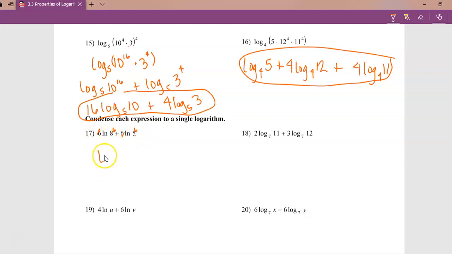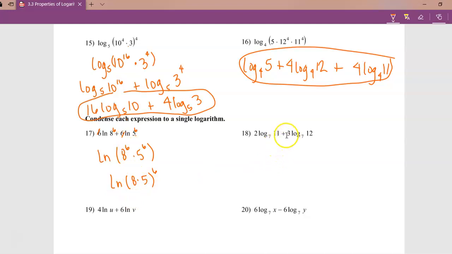And then we're going to write this as natural log. There's a plus between, so I know that 8 to the 6th and 5 to the 6th are getting multiplied together inside. So I can write it as natural log of 8 to the 6th times 5 to the 6th. You could also write it just as natural log of 8 times 5, raised to the 6th, the whole thing. Either one of those is equivalent.